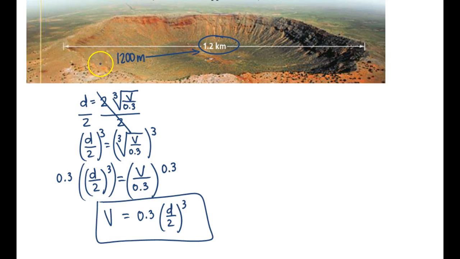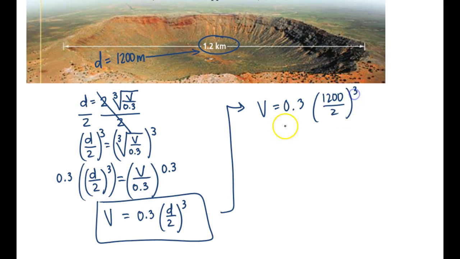Now, since we know that the diameter in meters is 1,200 meters, I can use this equation and just substitute in this value for D. So I know I have 600 inside the parentheses because that's half of 1,200.